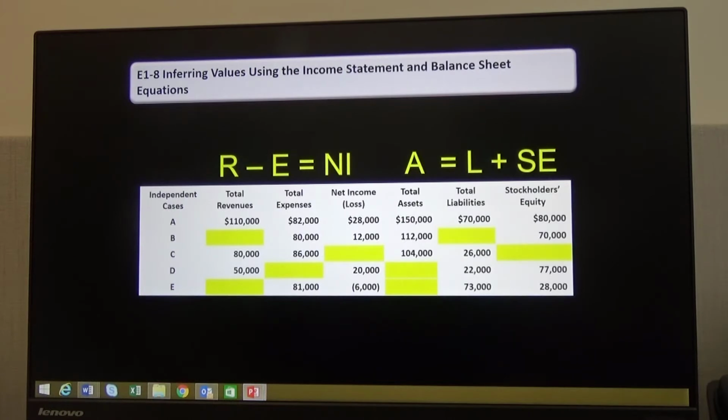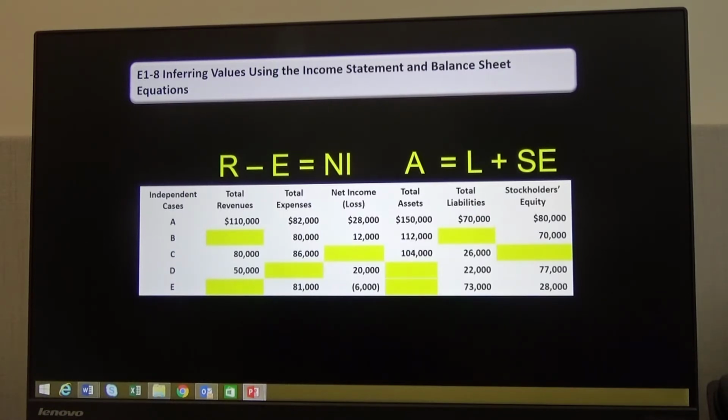For case B, we're going to still use those same two equations. We're going to use the revenues minus expenses equals net income, and so we're going to take basically R minus 80,000 and set it equal to 12,000 and figure what R must be in order for that to happen.